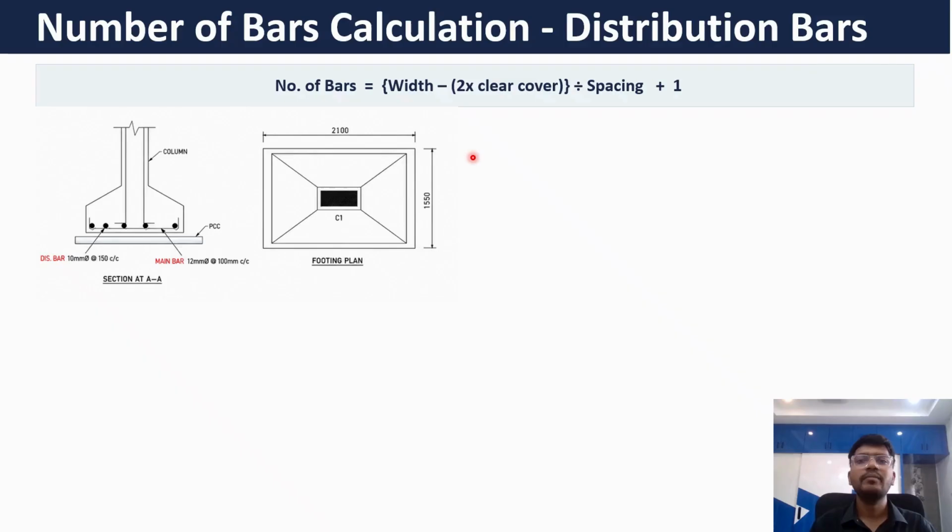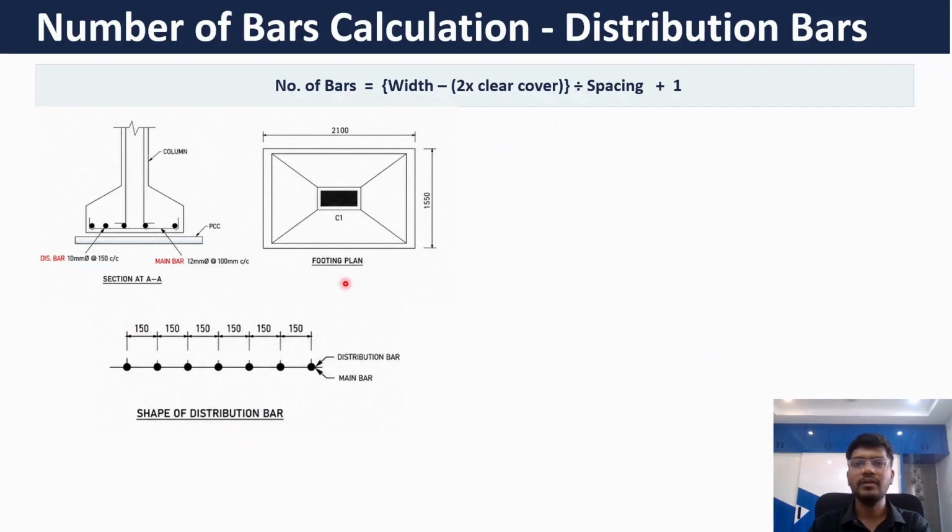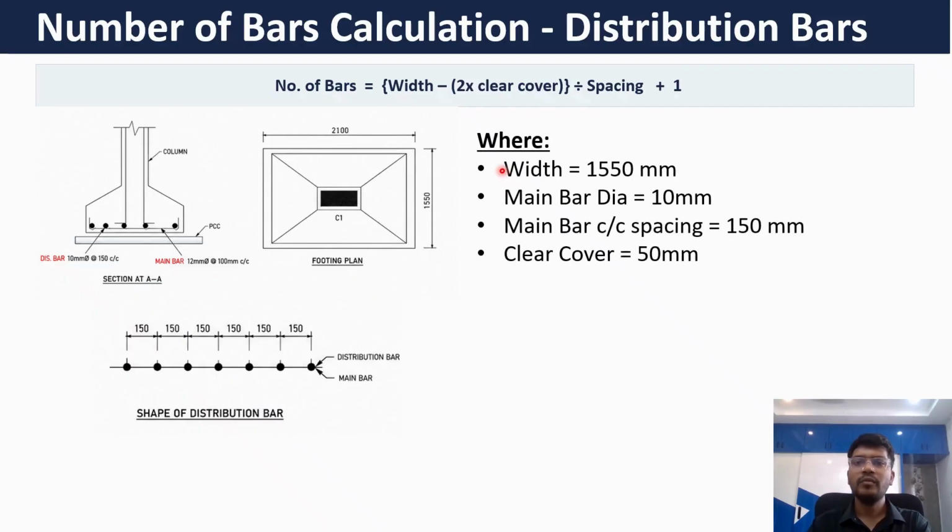Now let's calculate the number of distribution bars required for this footing. The formula remains the same. Instead of length, we have to substitute width here. So the width is 1550 and the diameter of distribution bar is 10 mm and the center to center spacing is 150 mm. So we have width with us, bar diameter, center to center spacing, and the clear cover is 50 mm.